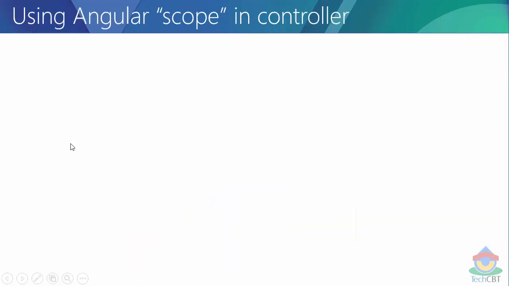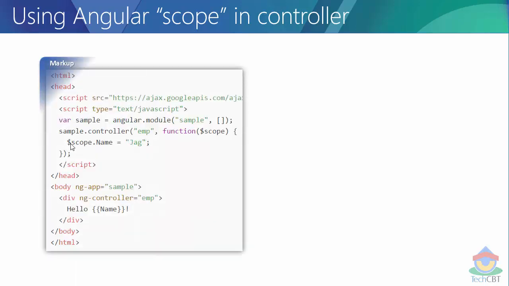So my next slide says how to access scope inside the controller and how to work with scope inside a controller. And this is a new markup. Now you can see I have the same thing here, except that I have some funny variable called $scope, and I have a $scope here.